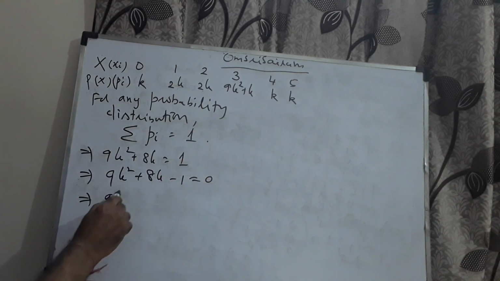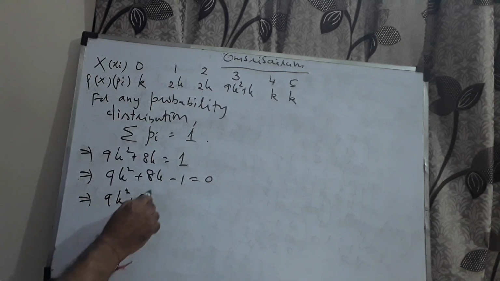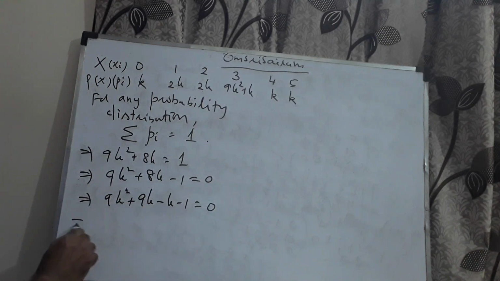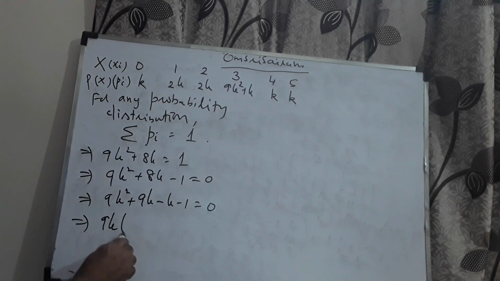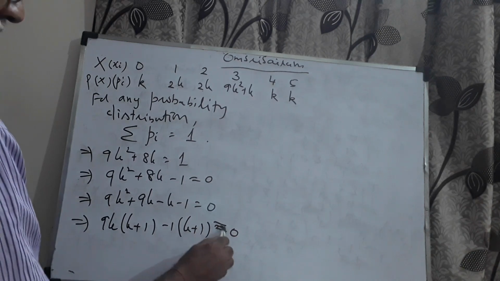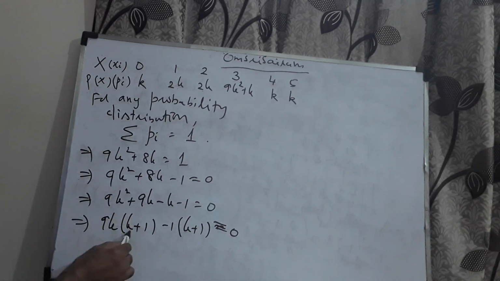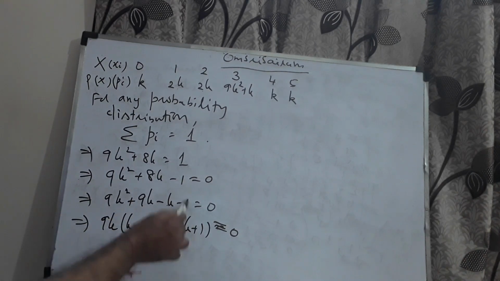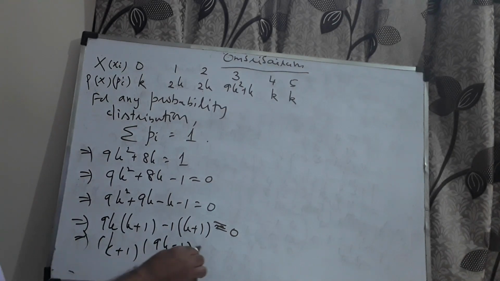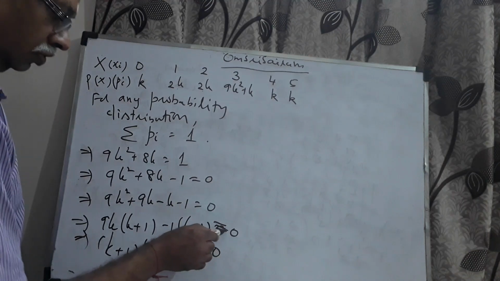I'll be able to split the middle term. 9k square plus 9k minus k minus 1 is 0, which implies 9k times k plus 1 minus 1 into k plus 1 is equal to 0. You can just check: 9k into k is 9k square, 9k into 1 is 9k, minus 1 into k is minus k, minus 1 into 1 is minus 1, which implies k plus 1 into 9k minus 1 is equal to 0.